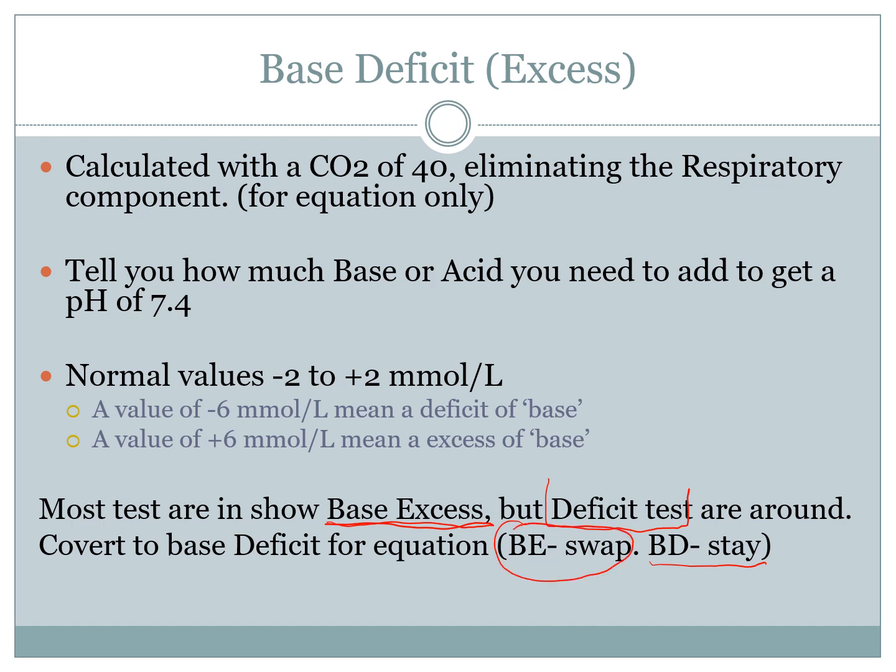So if it gives you a base excess and you want to make it a base deficit, then essentially change the negative to a positive or the positive to a negative. That's it. And when we do our examples, we'll explain more. Okay, now a base excess is only utilized, as you could imagine, for metabolic problems.